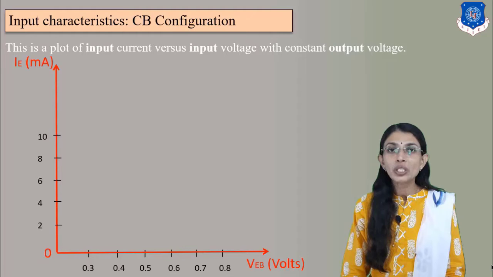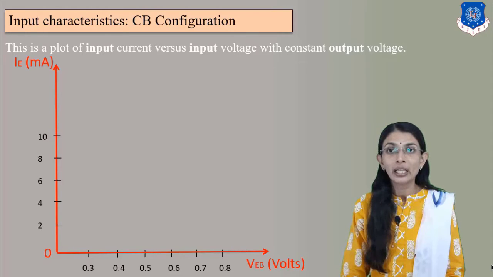Now we will keep constant output voltage, and we will draw the relation between VEB and IE. So when we draw the relation between VEB and IE, we will have to assume different values of the constant output voltage.